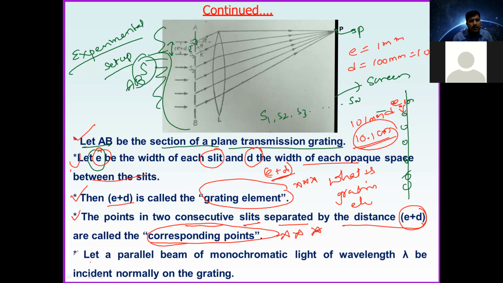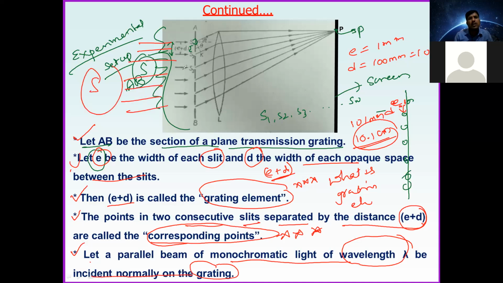So let a parallel beam of monochromatic light of a single wavelength lambda be incident normally on the grating plate. Here the light is coming from a source and falls completely on the grating setup. Any doubt from this slide?